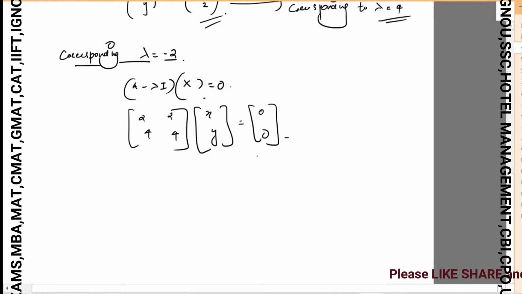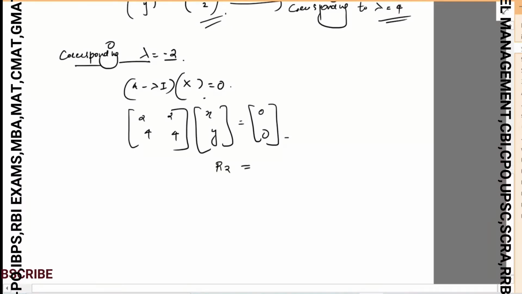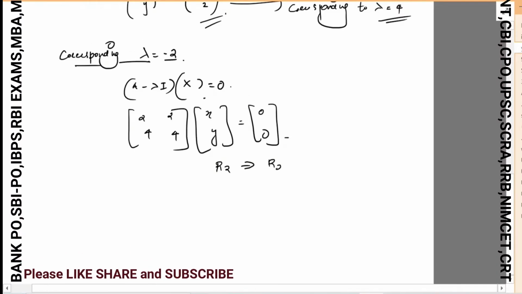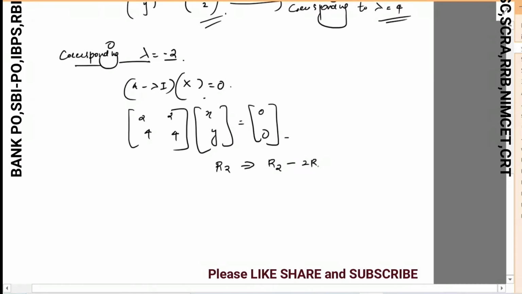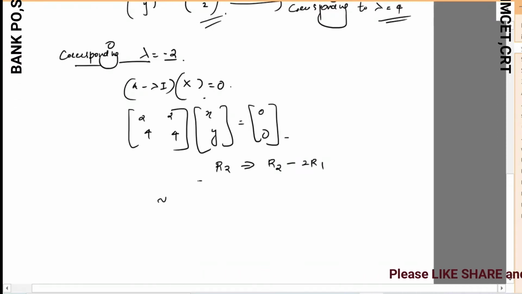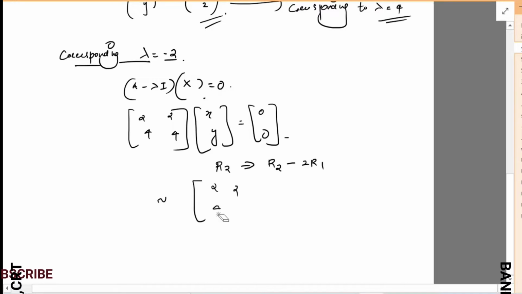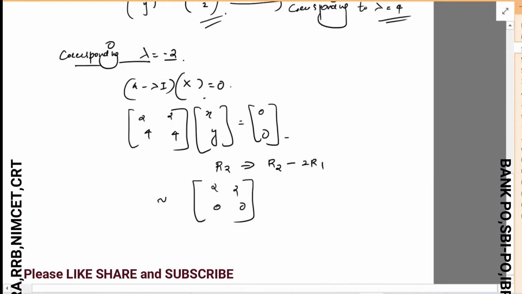Which operation we can use? R2 changes to R2 minus 2 R1. So this becomes 2, 4, 0, 0.